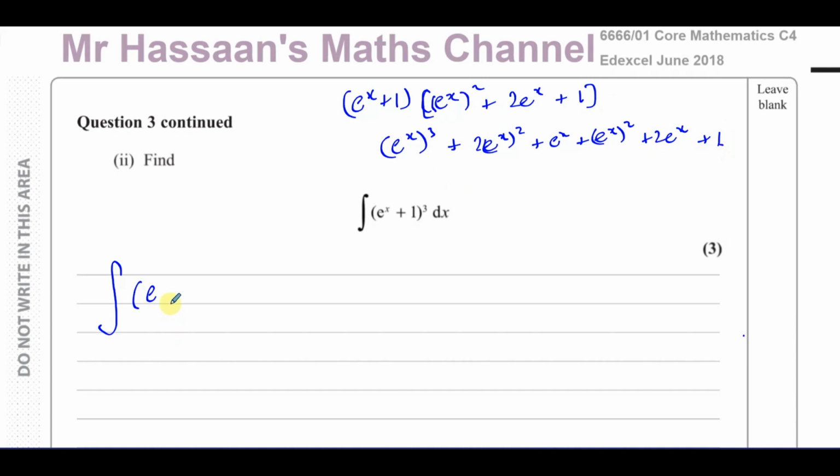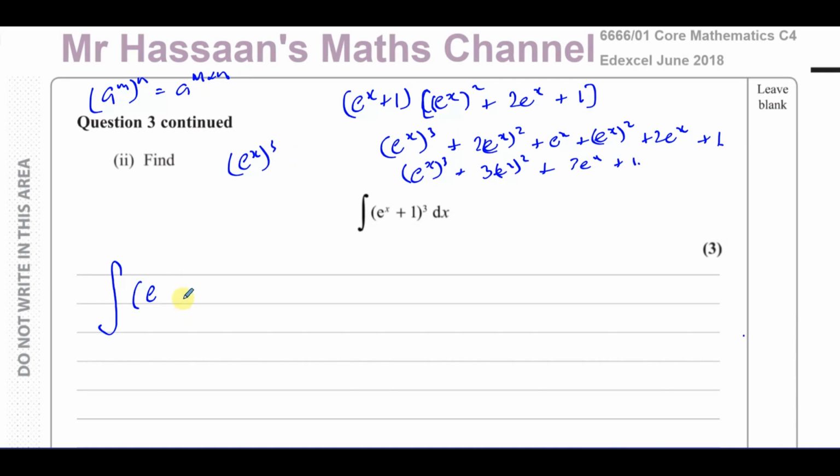So we end up with e to the power of x all cubed. I'll write it here for now. Plus 3 e to the power of x squared plus 3 e to the power of x plus 1. Now, e to the power of x all cubed, remember you multiply the power. a to the power of m to the power of n gives you a to the power of m times n.